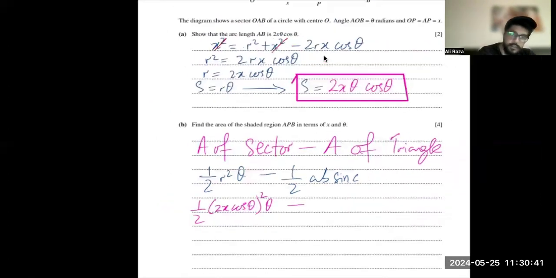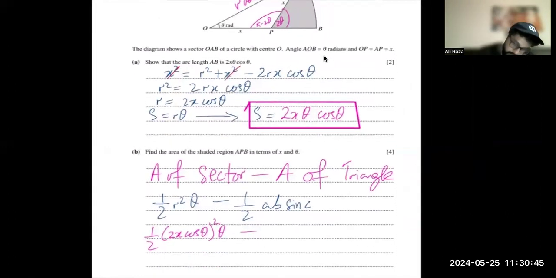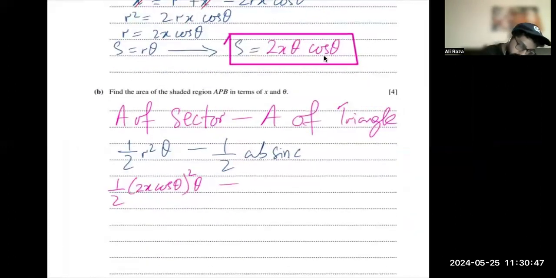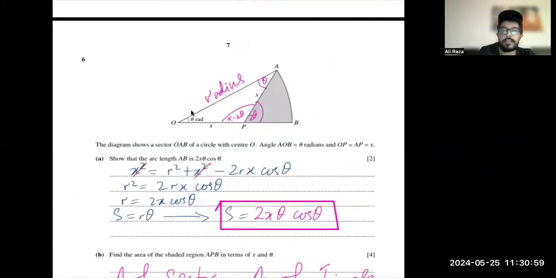And the area for the triangle would be half times x times 2x cos theta multiplied by sine theta, which is the angle between the radius and the side OP.